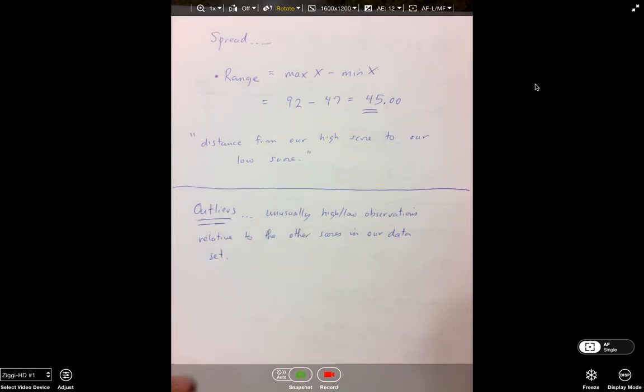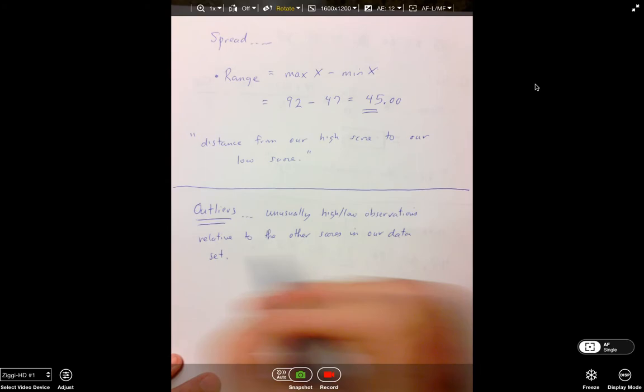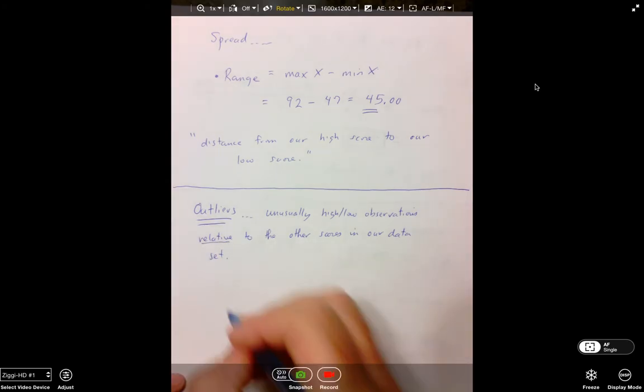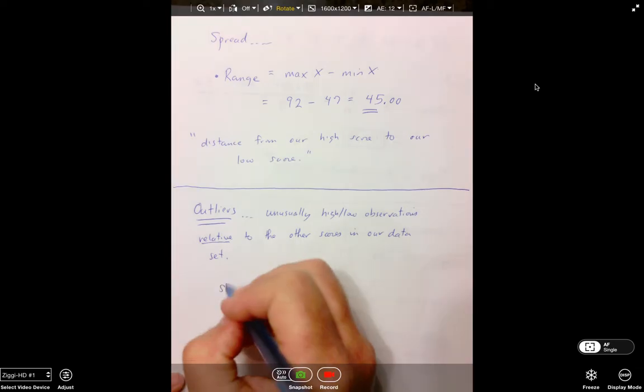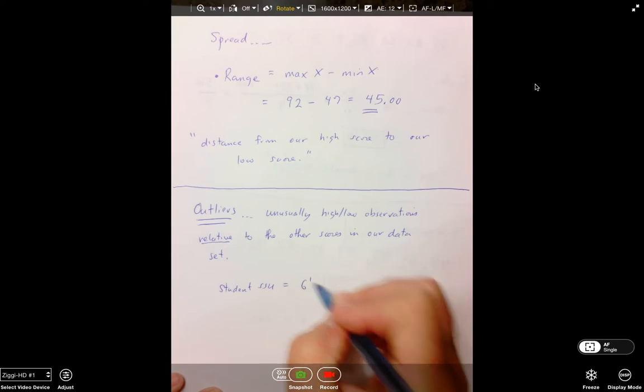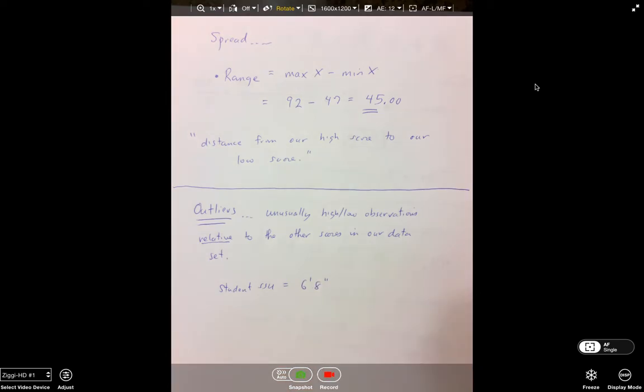The reason we have to bring in this relative to: let's say that we have a student at Shawnee State University that's 6 foot 8 inches. Relative to the heights of other students at Shawnee State University, is that an unusually high or low observation?